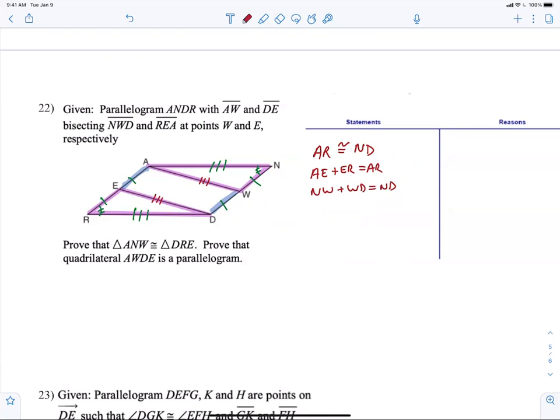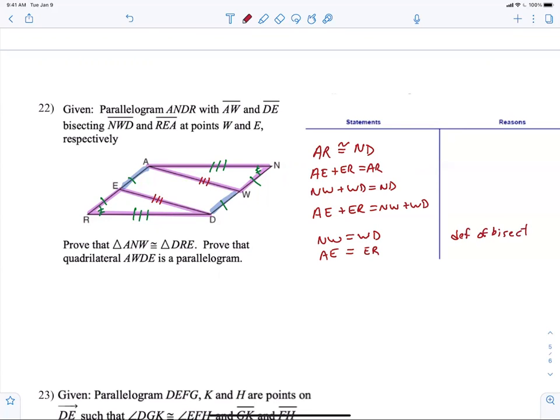And then we know those are equal, so AE plus ER equals NW plus WD. Now, when it said bisect, you would put down that NW is equal to WD, and AE is equal to ER, and that would have been definition of bisect.